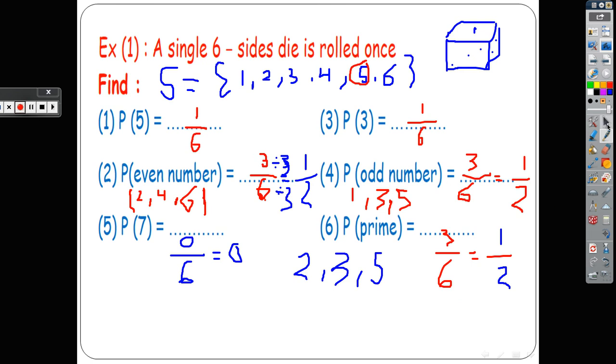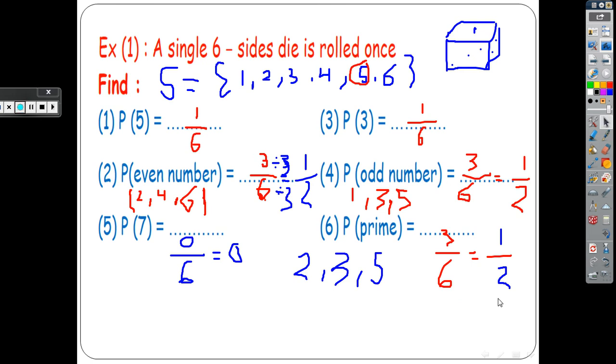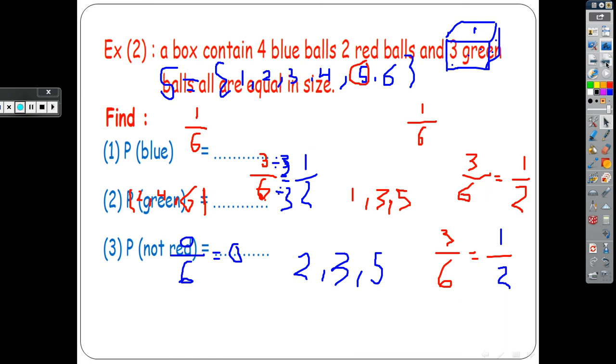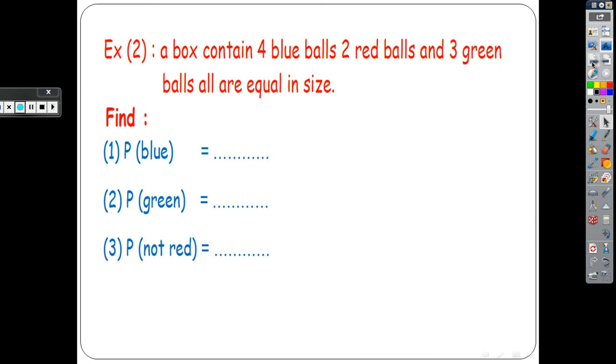If you have another example, now you have a box that contains 4 blue balls, 2 red balls and 3 green balls. What is the total number of balls?